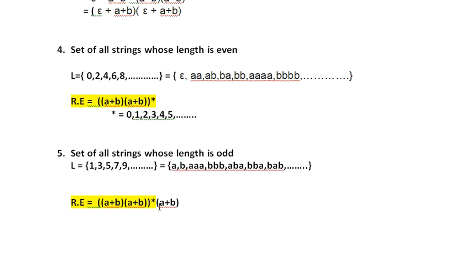So first I have written a+b. Initially, if I have to get length equal to 3, we already know that if I multiply length equal to 2 with length equal to 1, definitely I can get length equal to 3. That means if I multiply this with (a+b)(a+b), what will be the answer? It will be length equal to 3. So basically what I have done, length equal to 2 I have taken as a whole, and I have multiplied it with one more length, that is 1.